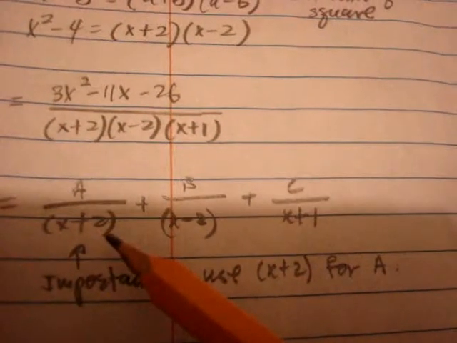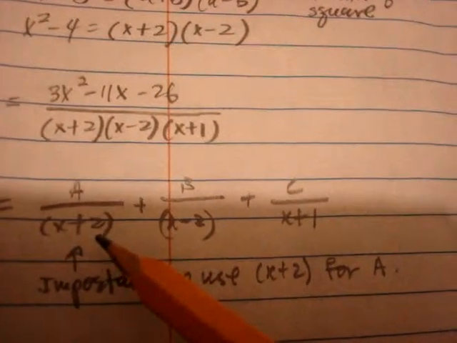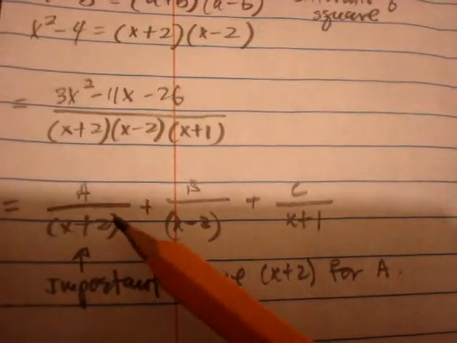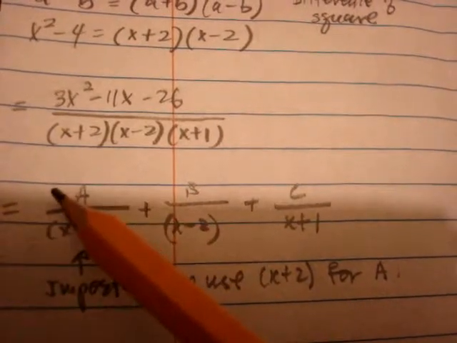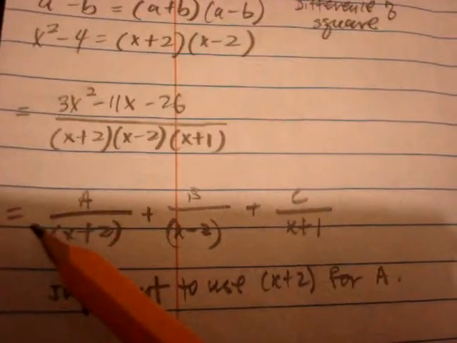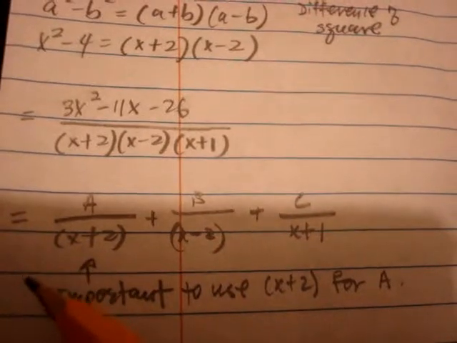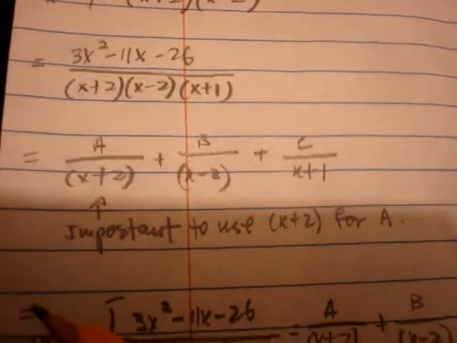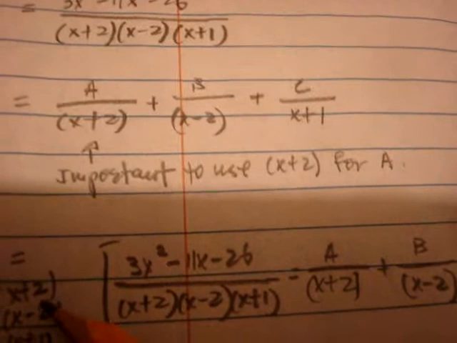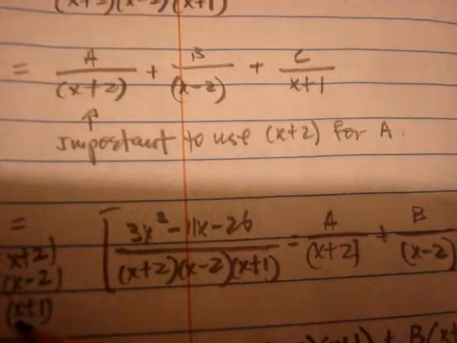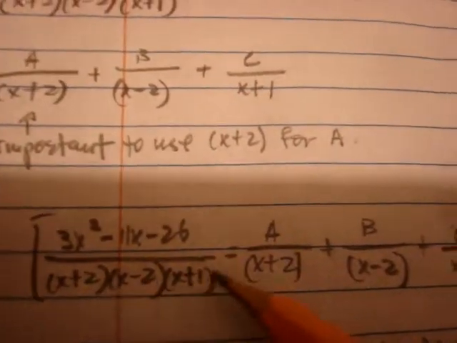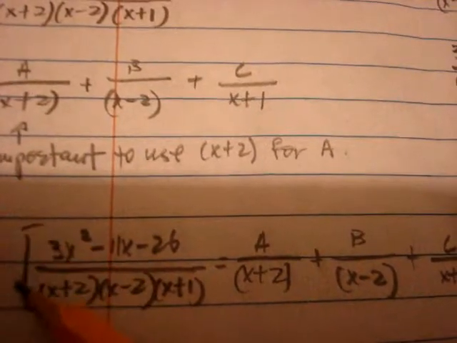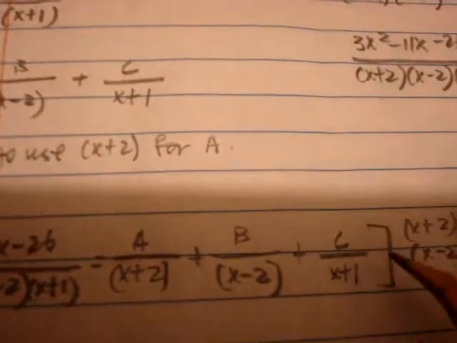So once you have that, you need to find a common denominator and multiply both sides of the equation to get a linear equation. The common denominator will be x plus 2, x minus 2, and x plus 1. You put a bracket on the left hand side and a bracket on the right hand side.